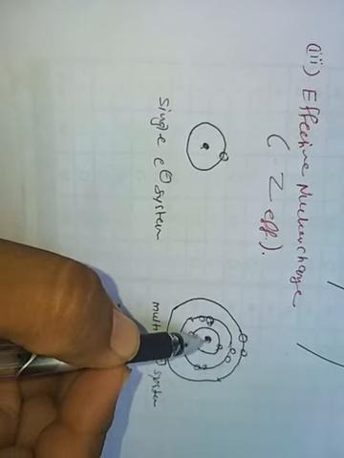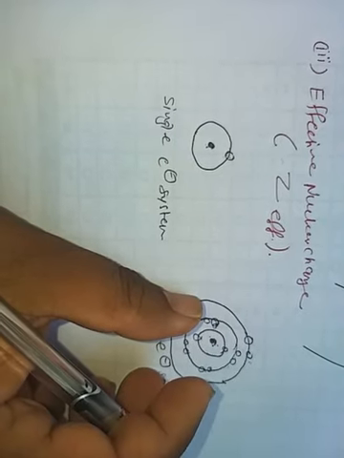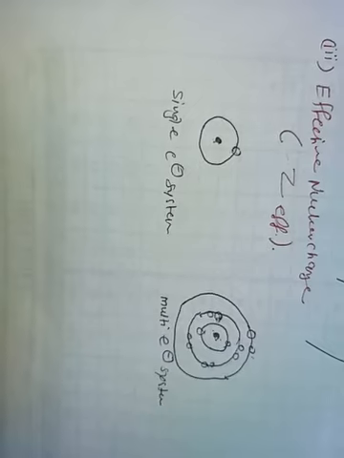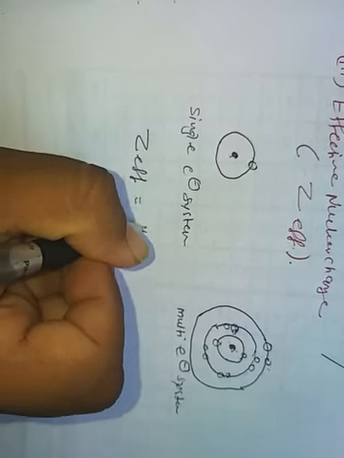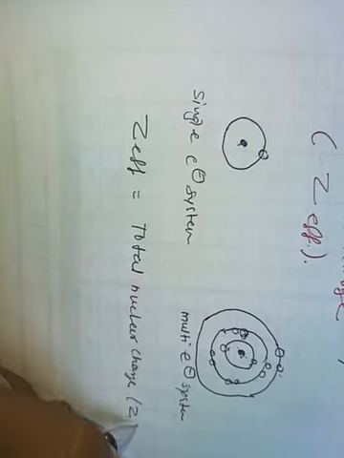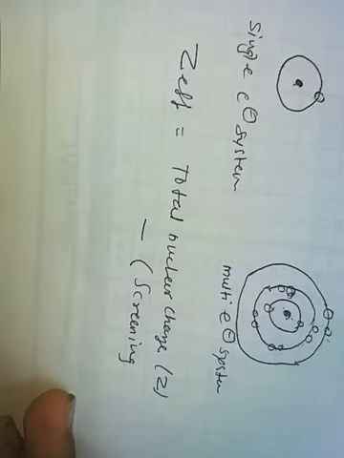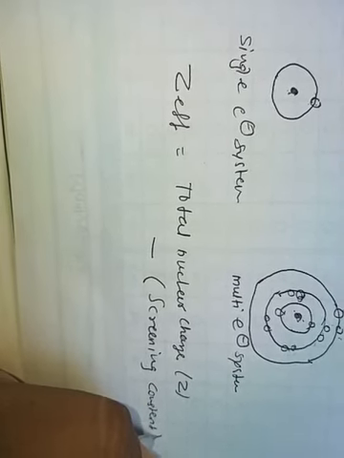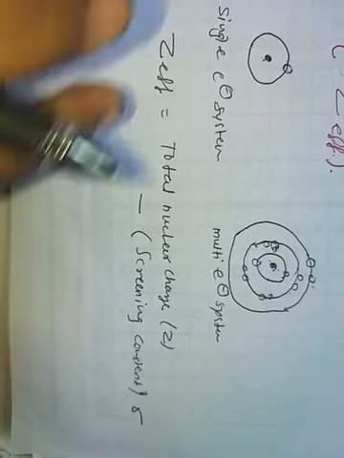The nucleus is trying to attract the outermost electron towards itself, so automatically size will decrease. Mathematically, Z effective is equal to the total nuclear charge Z minus the screening constant, whose symbol is sigma.